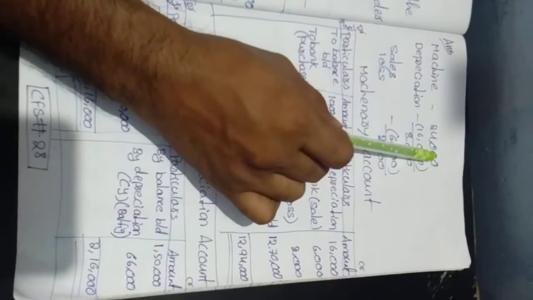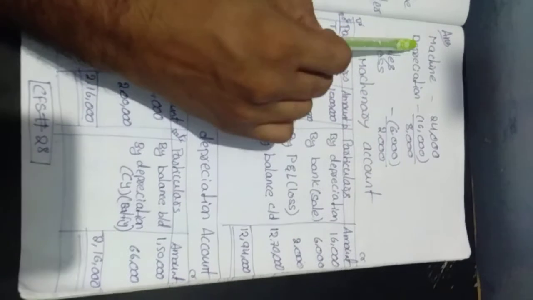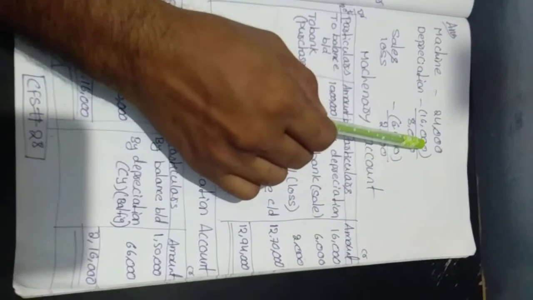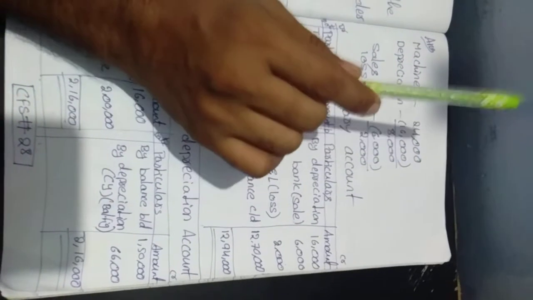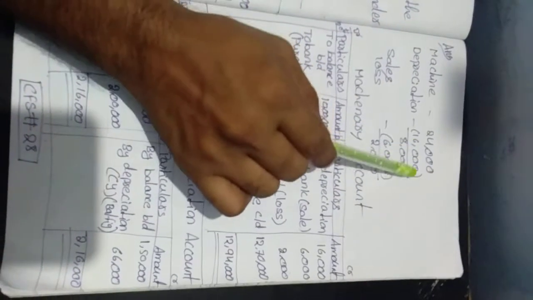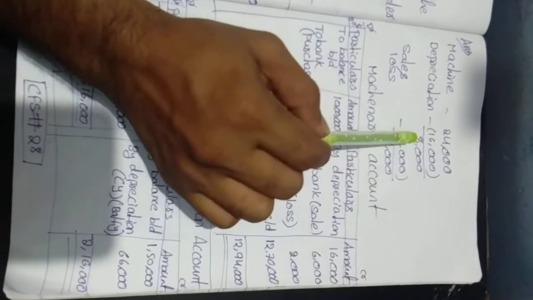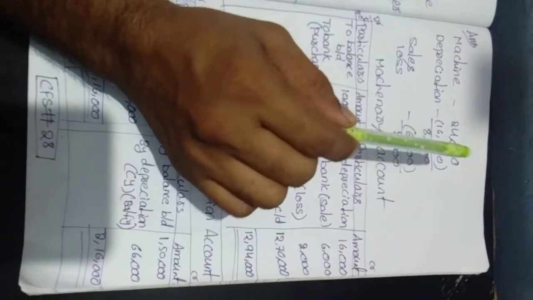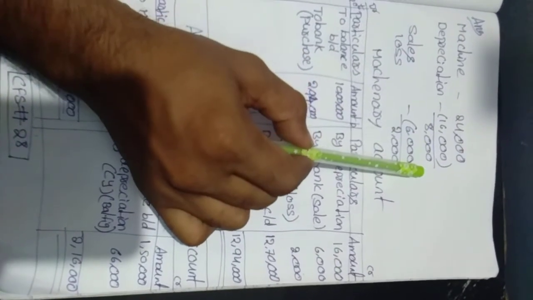Depreciation for that machinery is 16,000, which we have to reduce. This is accumulated depreciation, that means until this time this machinery has 16,000 depreciation. When reducing, we get the value of the machinery as 8,000.